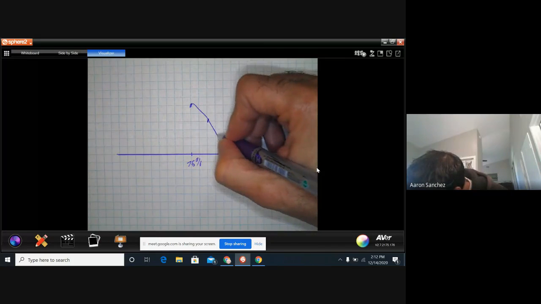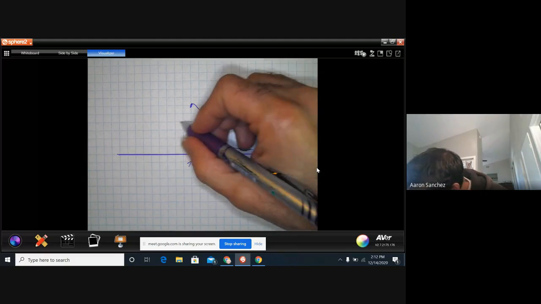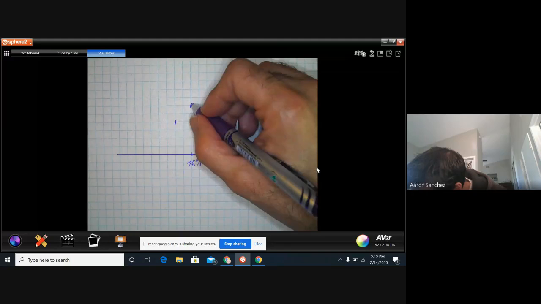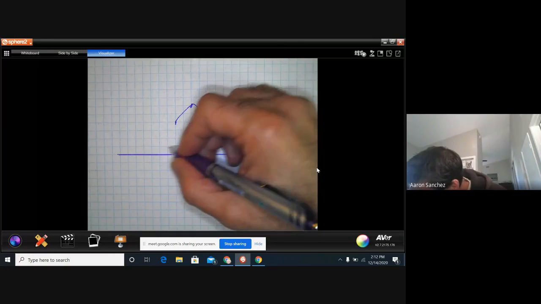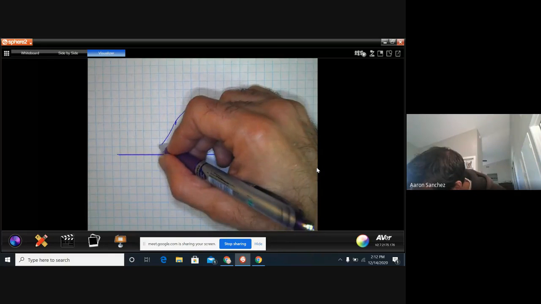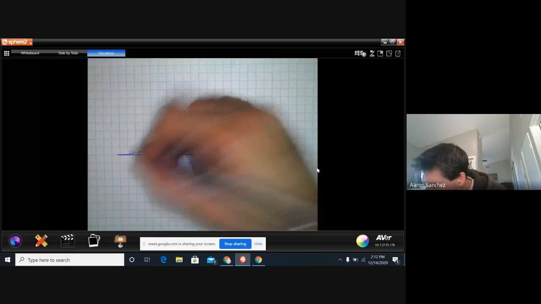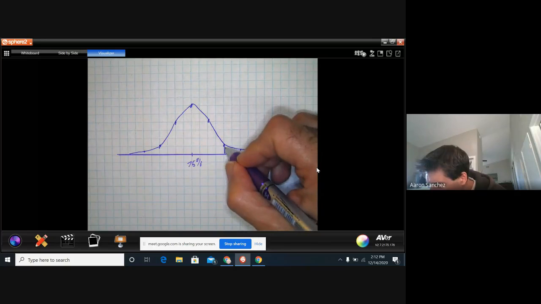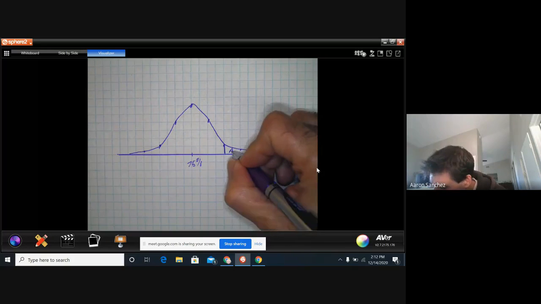You don't need to draw this if you don't want. And let's say this one is here, 1 standard deviation away. I'm not going to really work with numbers here right now. I'm just going to work with grades. Let's say this section right here represents my A's in my class.